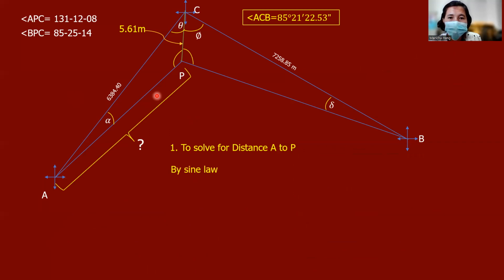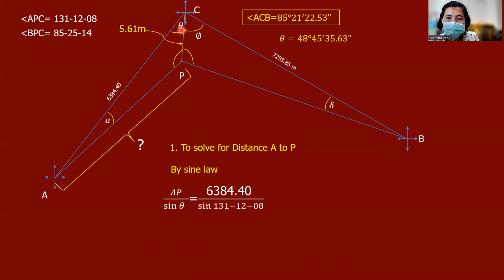you can use sine law, diba? You can use AP over, yung opposite ng AP is theta. Since meron na tayong theta na solve kanina, which is this one. Tapos, opposite lang. You can use this relationship. Itong distance na to over sa angle, opposite angle niya.